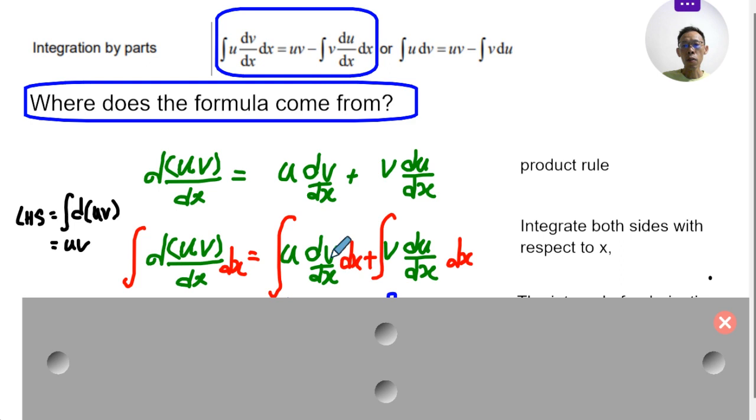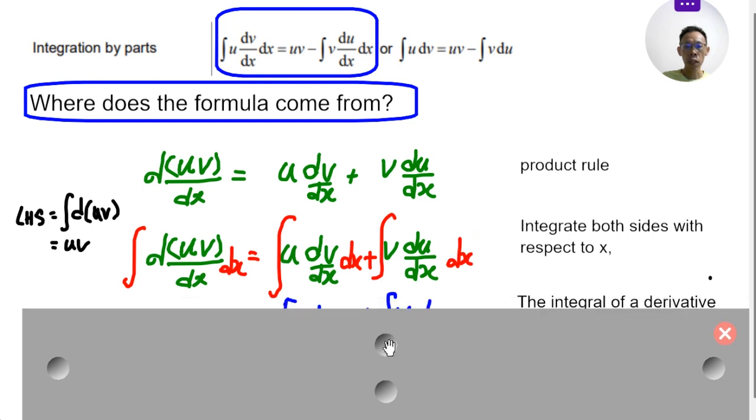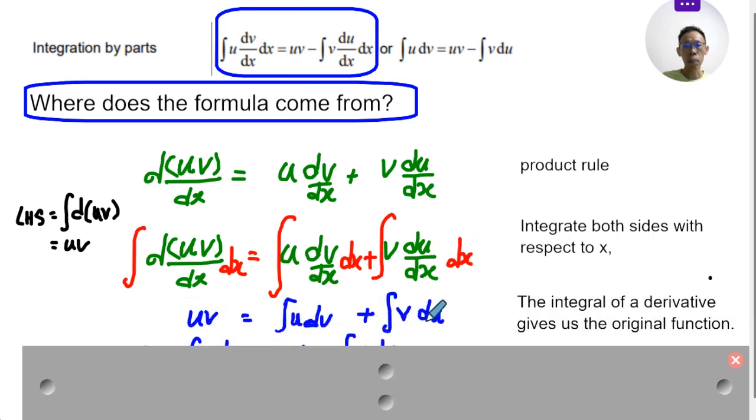And similarly, on the right-hand side, the dx and dx cancel, and the dx and dx here also cancel, leaving us with this particular term in blue. So we have the integration of u dv plus v du.